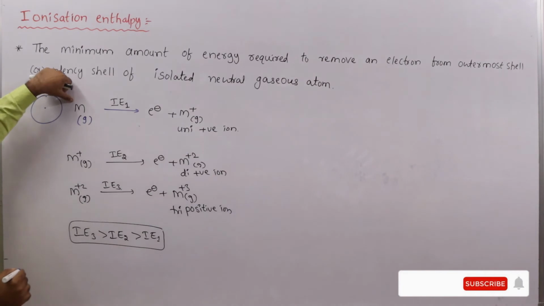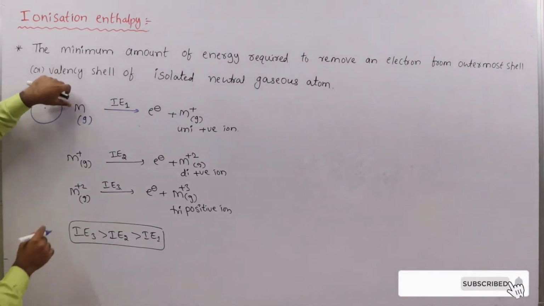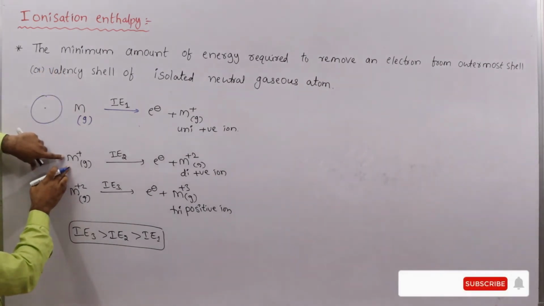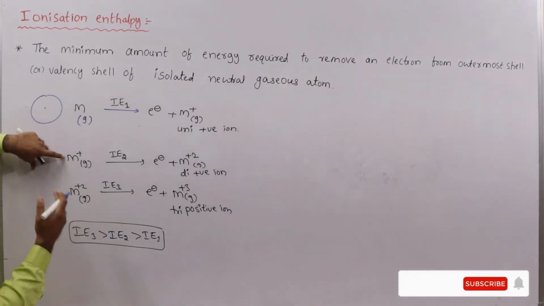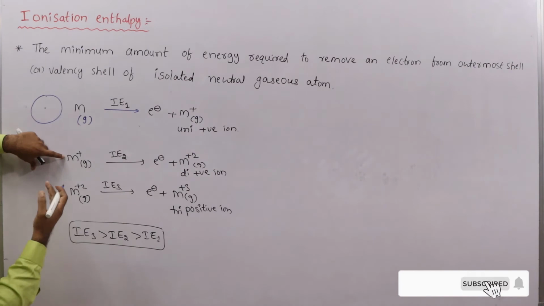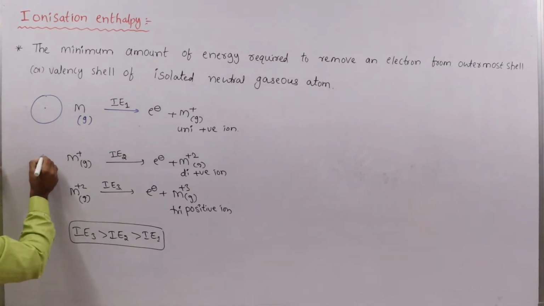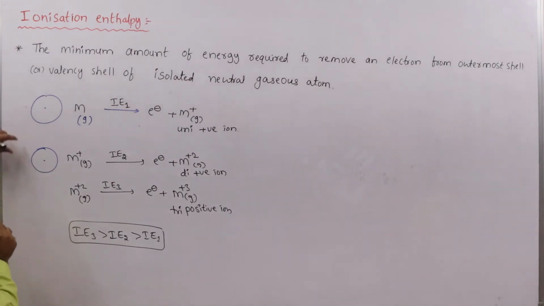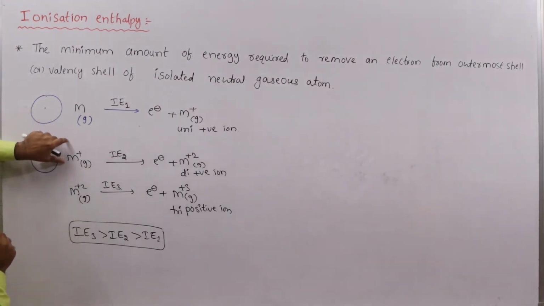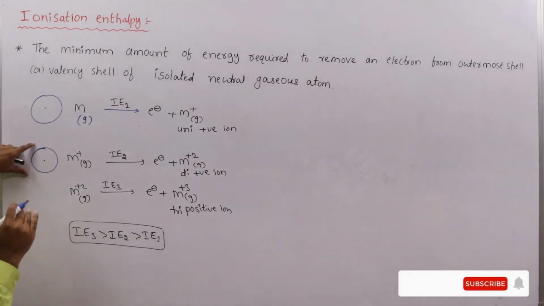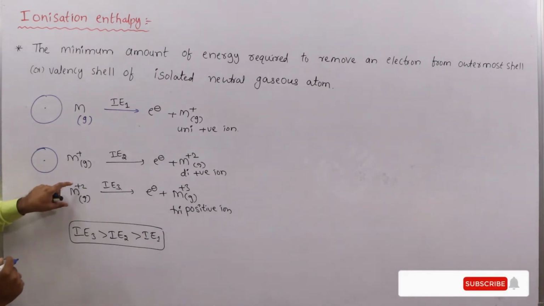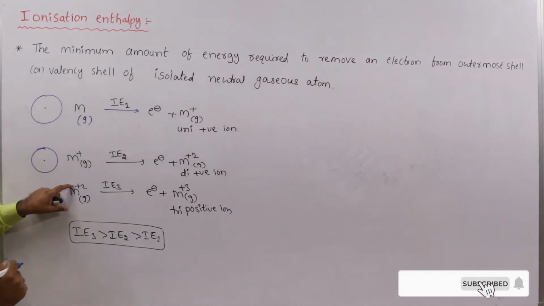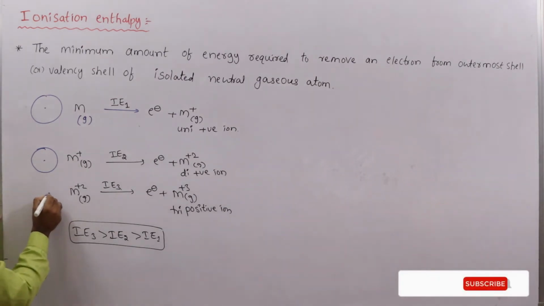After loss of one electron from M, it changes to M plus, a cation, and the size decreases. Compared to the neutral species, the unipositive ion has a smaller size. Now take M plus 2. Here two electrons are lost, so the size decreases more.